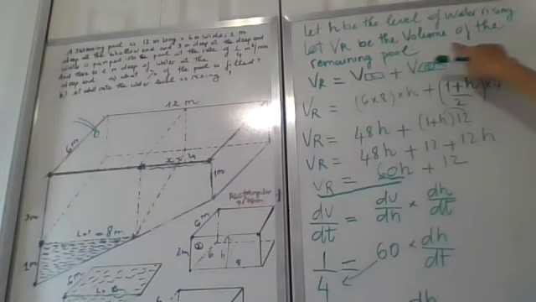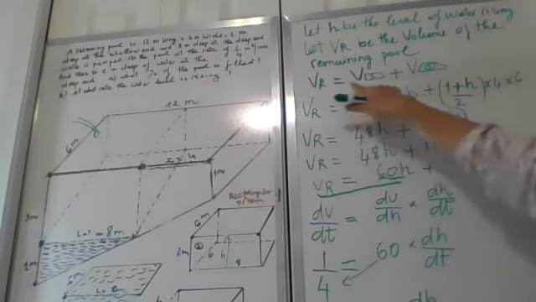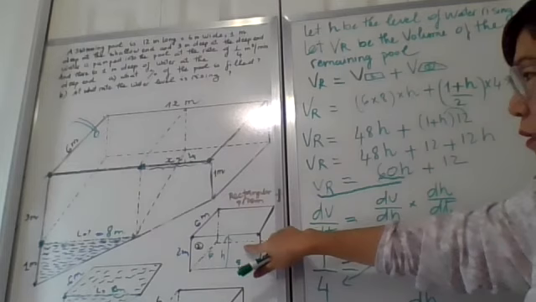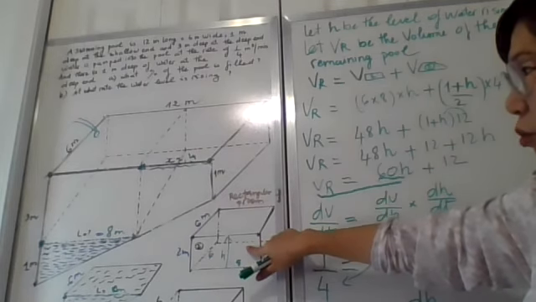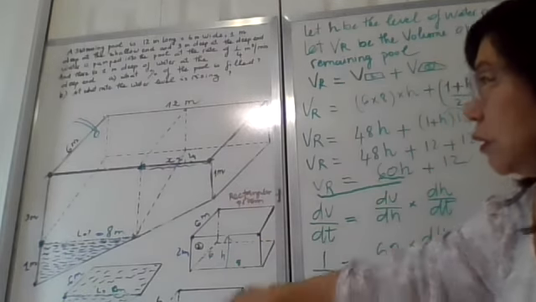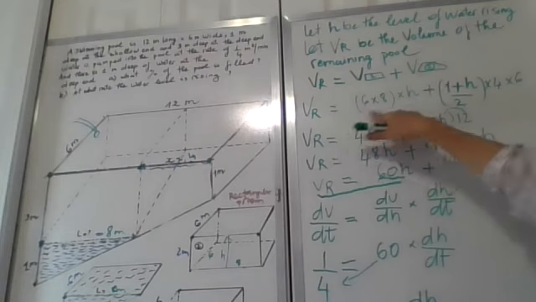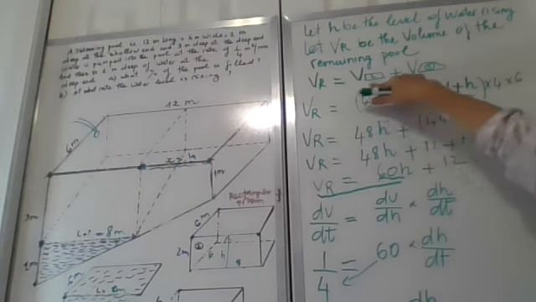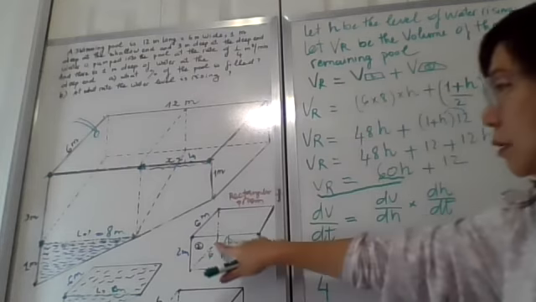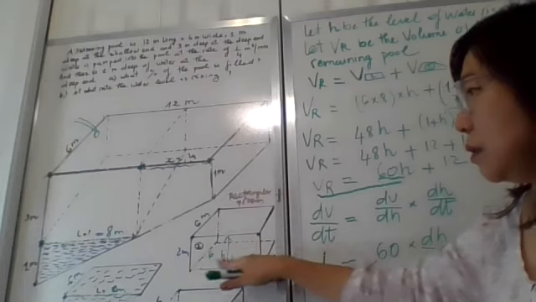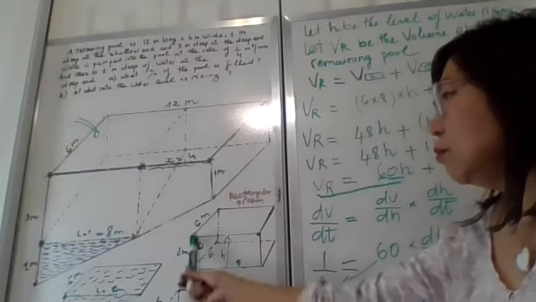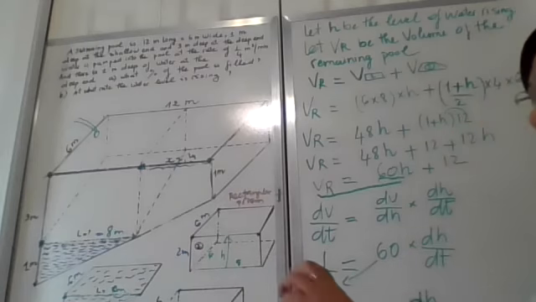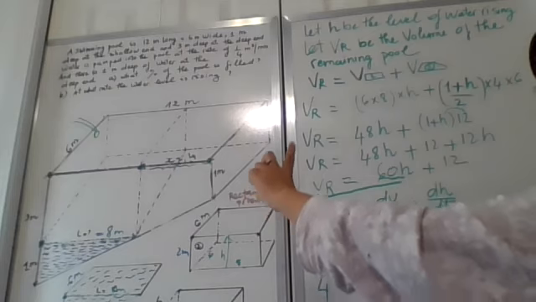So let VR be the volume of the remaining pool. I calculate VR based on V2, which is the volume of figure 2, adding the volume of figure 3. So now VR will be equal to the area of the rectangle, which is 6 times 8, the base area, times its height, which we call a variable because we don't know how long the water will rise up.